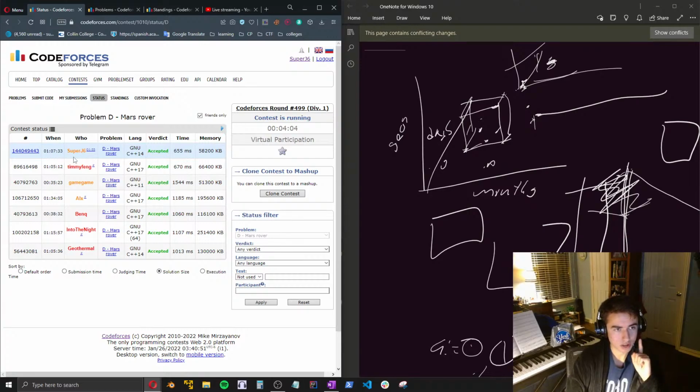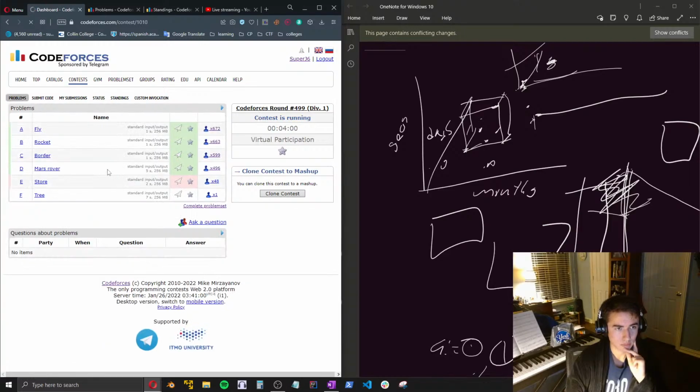My code is usually the shortest on harder problems, but Timmy Fang and Game Game are shorter on shorter problems. Four more minutes.